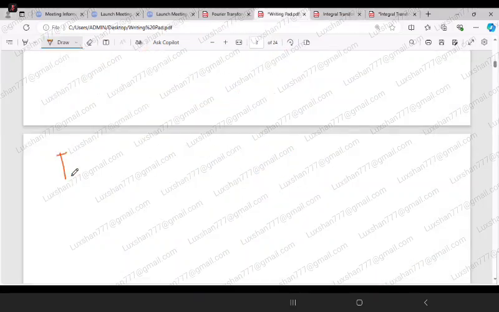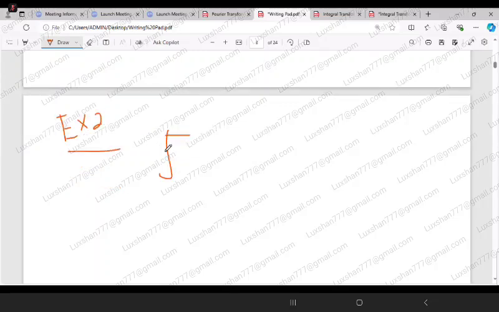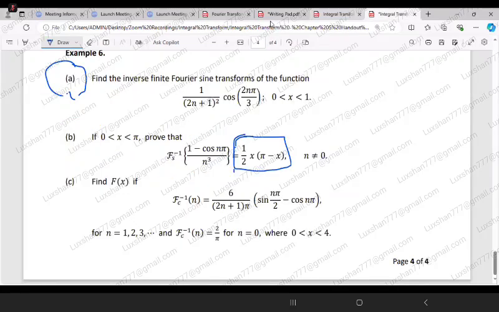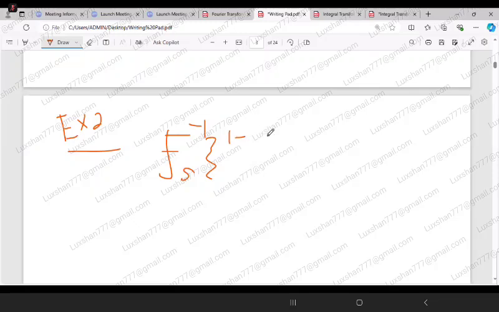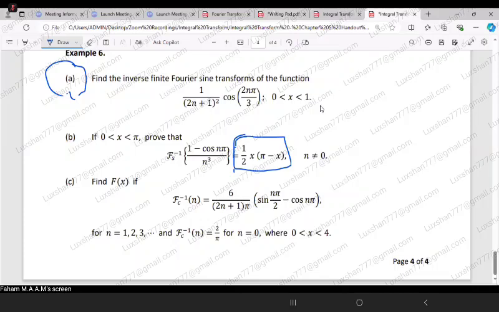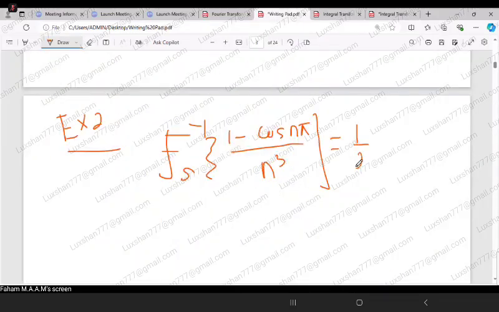Example number 2. They are asking you to show, this time, that the inverse finite Fourier sine transform of (1 minus cos n pi) over n cube equals half times x into (pi minus x).